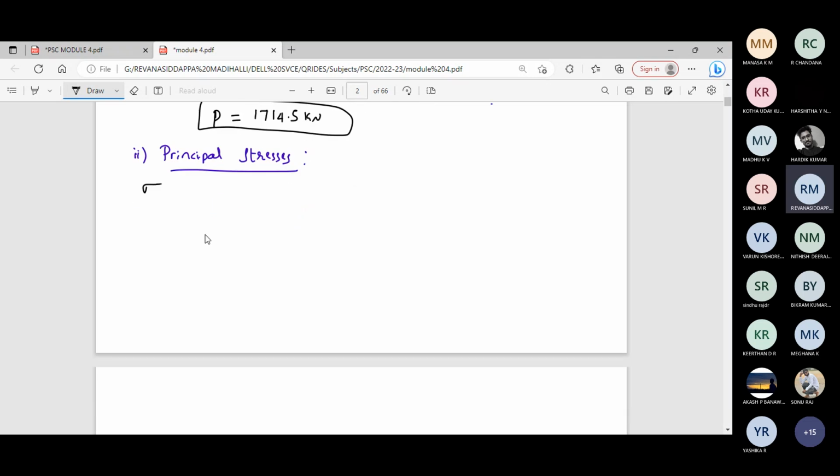Formula for principal stress, sigma max or sigma minimum. This formula you need to remember, students. It is (Fx plus Fy) by 2, plus or minus half of the root of (Fx minus Fy) whole square plus 4 tau V square.